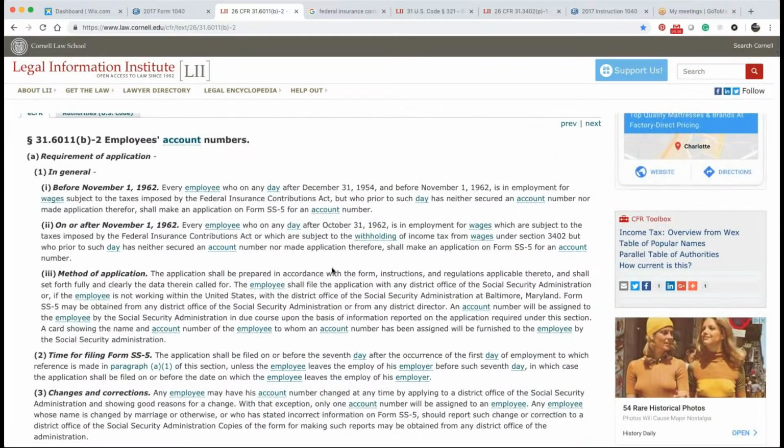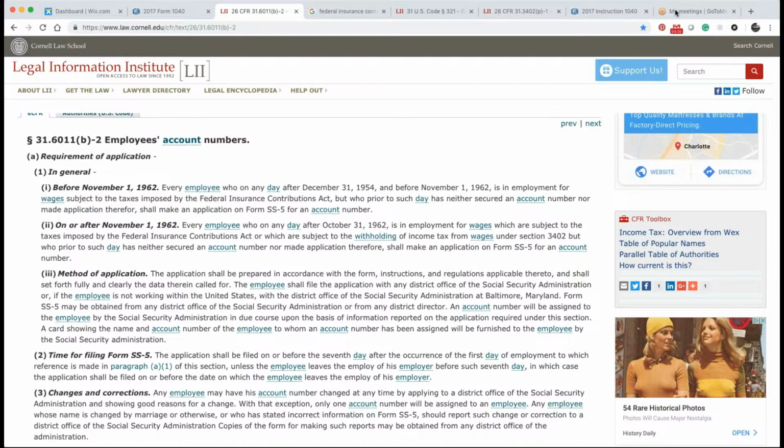On or after November 1st, 1962, every employee who on any day after October 31st, 1962, is in employment for wages which are subject to the taxes imposed by the Federal Insurance Contributions Act, or which are subject to the withholding of income tax from wages under Section 3402, but who prior to such day has neither secured an account number nor made application therefor, shall make an application on Form SS-5 for an account number.